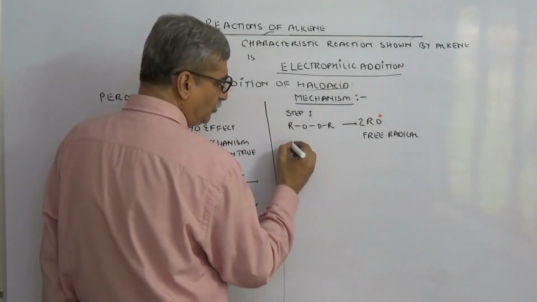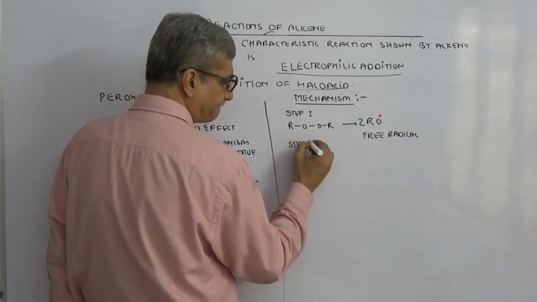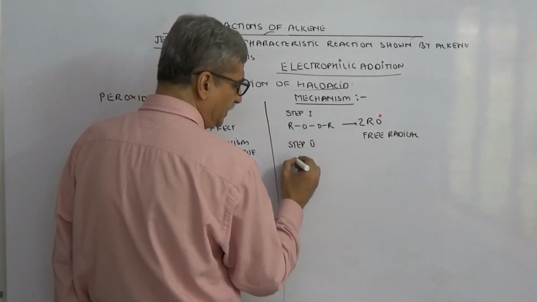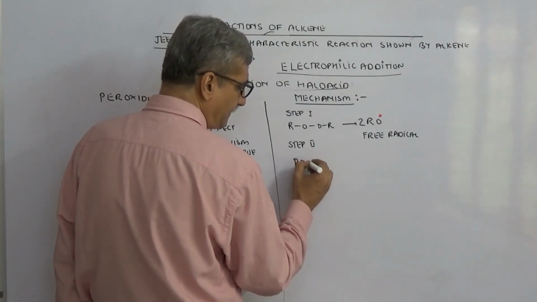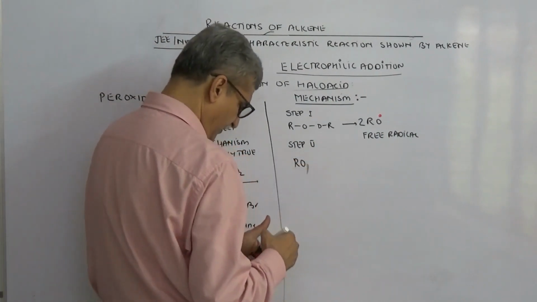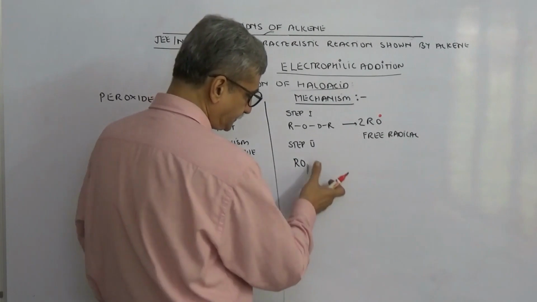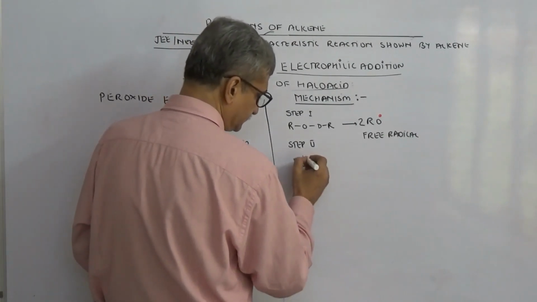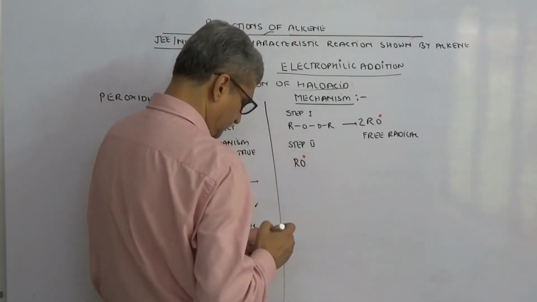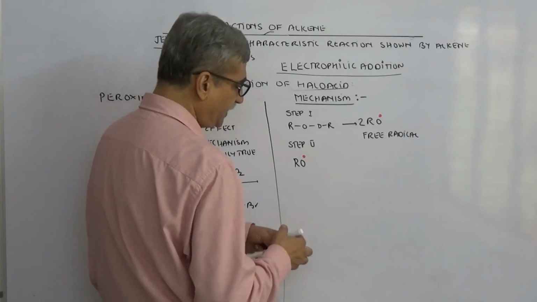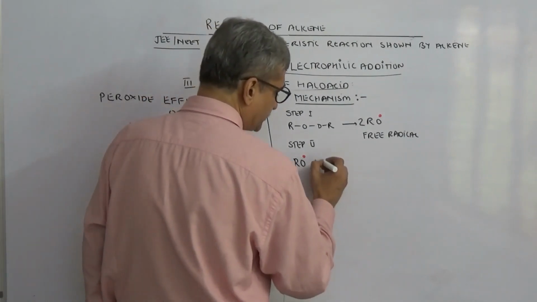Now step 2. This RO free radical reacts with HBr.